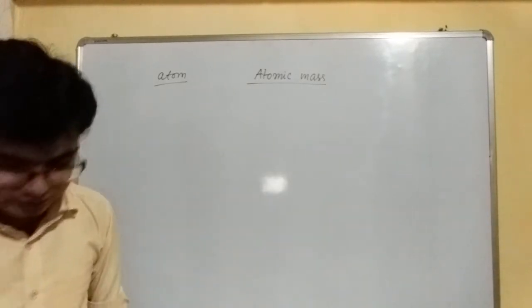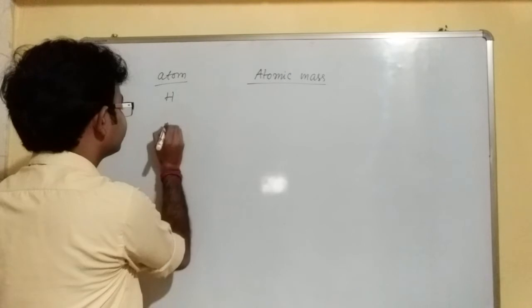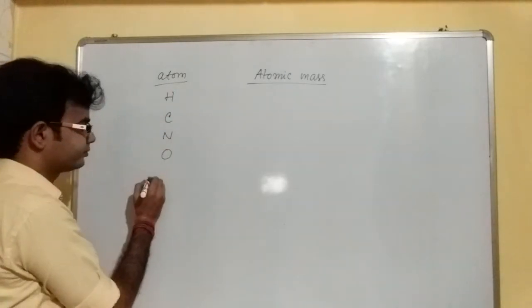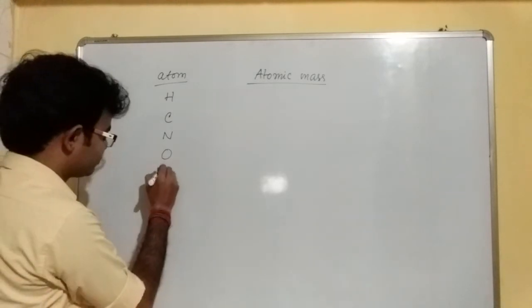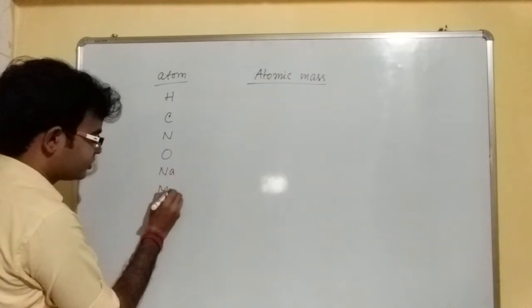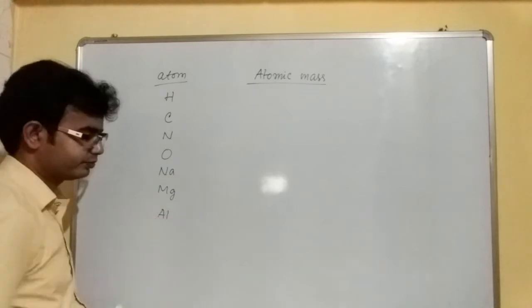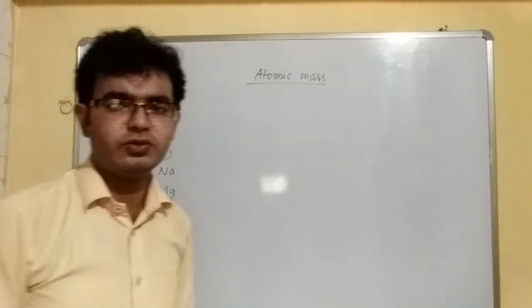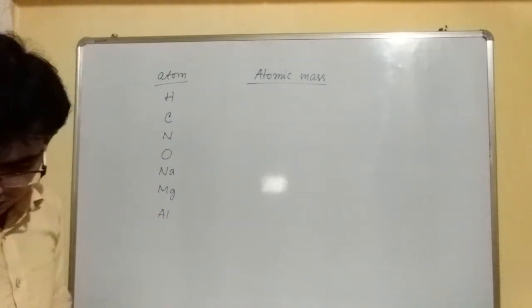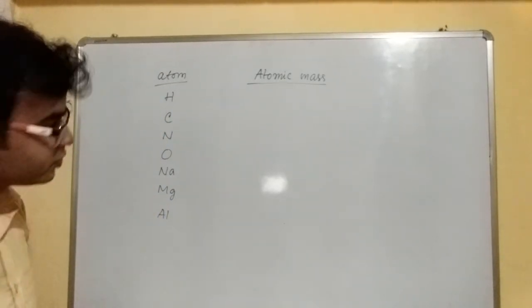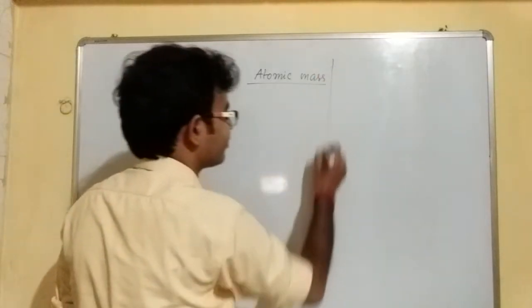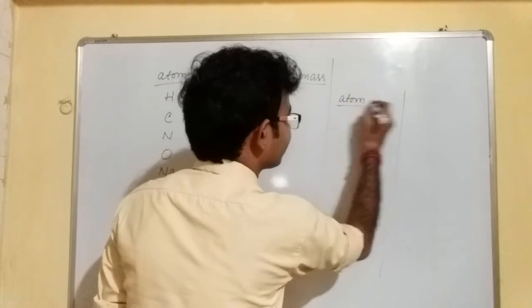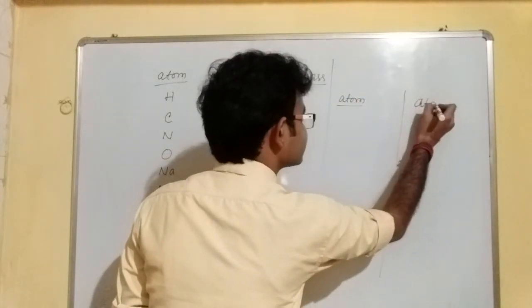So here let me write like this: hydrogen, carbon, nitrogen, oxygen, and sodium, magnesium, aluminium. I am just giving you those atoms which will be used. I'm writing here atom, and here I am writing atomic mass.